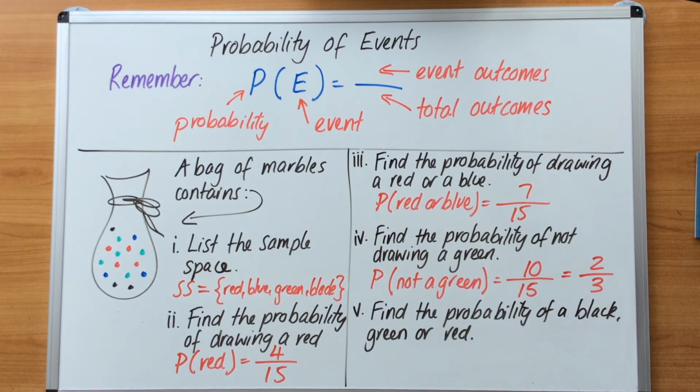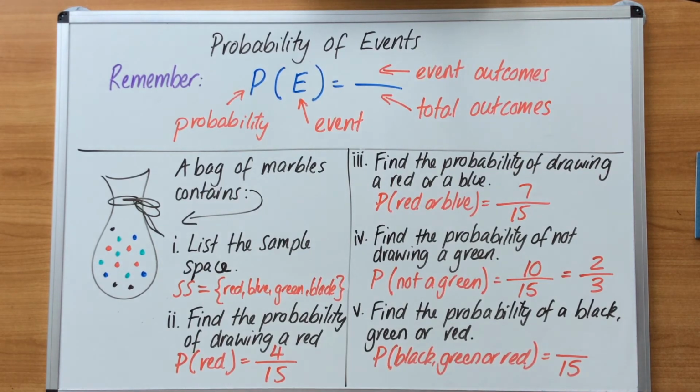And this last question says find the probability of choosing a black, green or red. So P bracket black, green or red bracket equals fraction line. We know there are 15 marbles, so there are 15 outcomes. That goes on the bottom. And we're looking to draw a black, green or red.